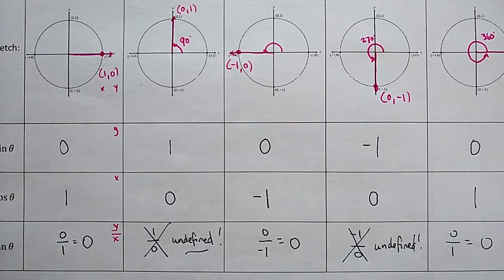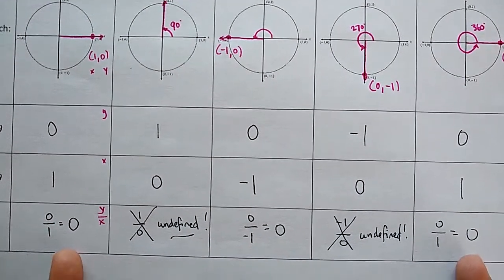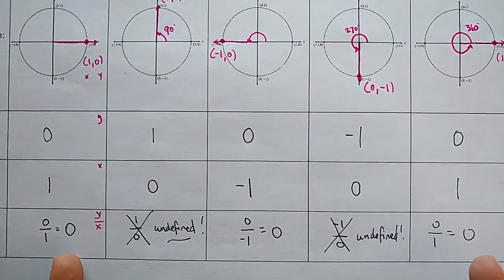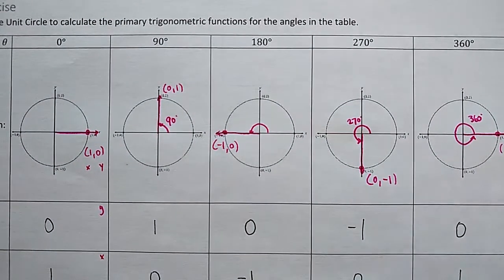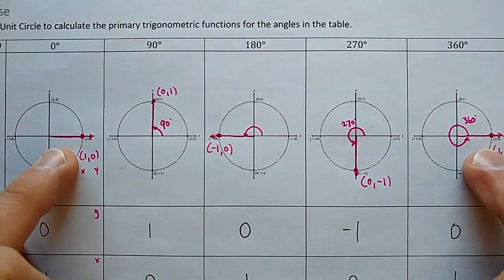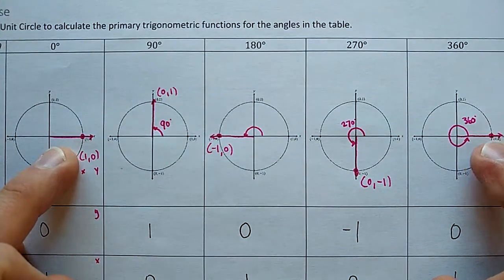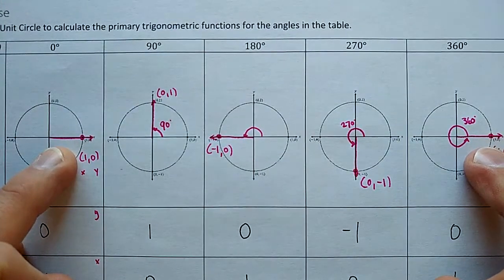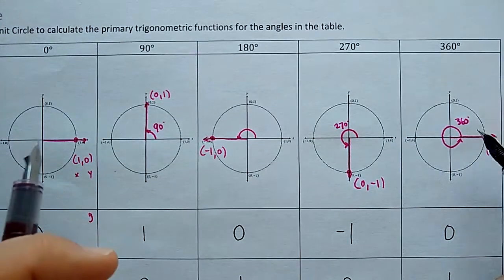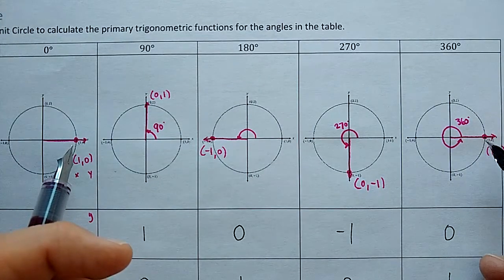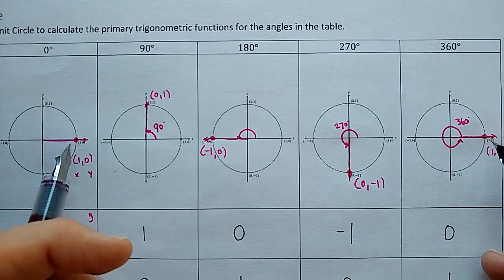Now notice that we have exactly the same values for 0 and for 360. This is a key understanding, because these two angles, even though the angles are different numbers, have the same standard position. They have the same terminal arm, which means they have the same intersection point with the unit circle.